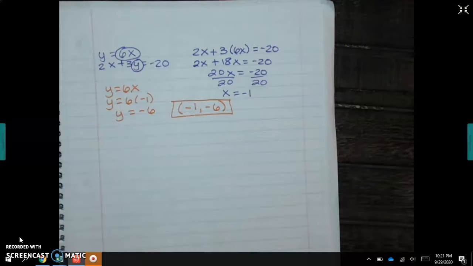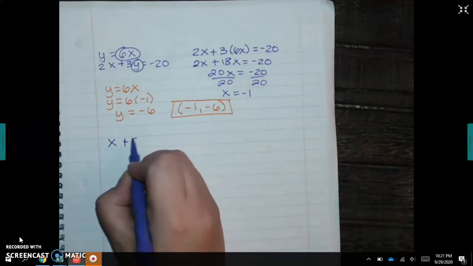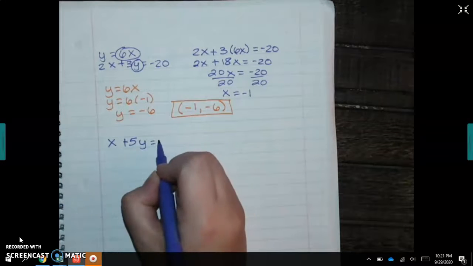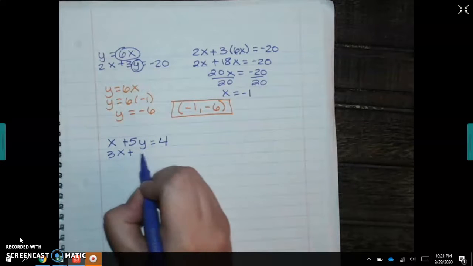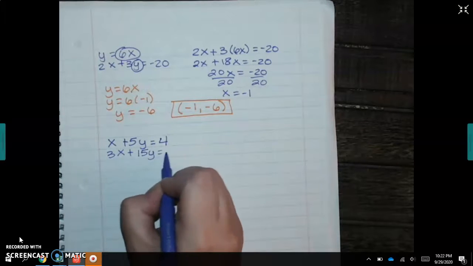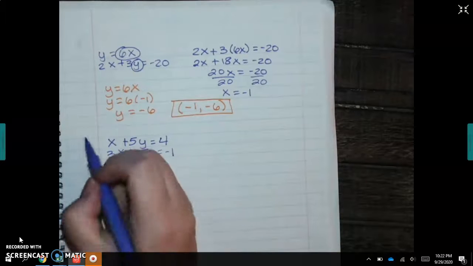Our next example is x plus 5y equals 4, and 3x plus 15y equals negative 1. And this is actually number 7 from the worksheet.